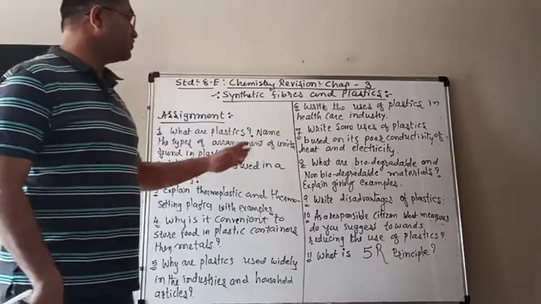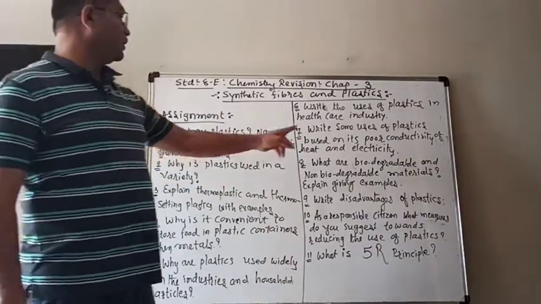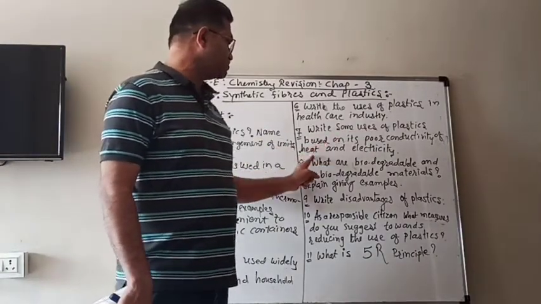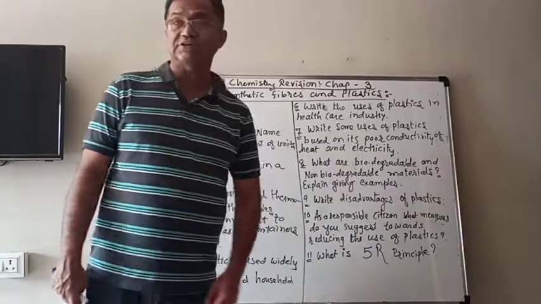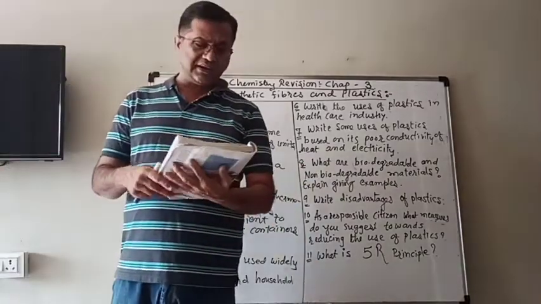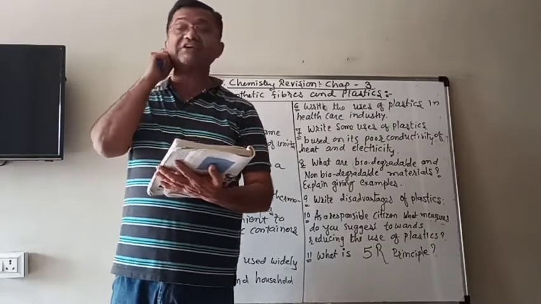So here the question is: write some uses of plastic based on its poor conductivity of heat and electricity. Because it is a poor conductor, melamine is used for the dinner set and handles of various utensils.